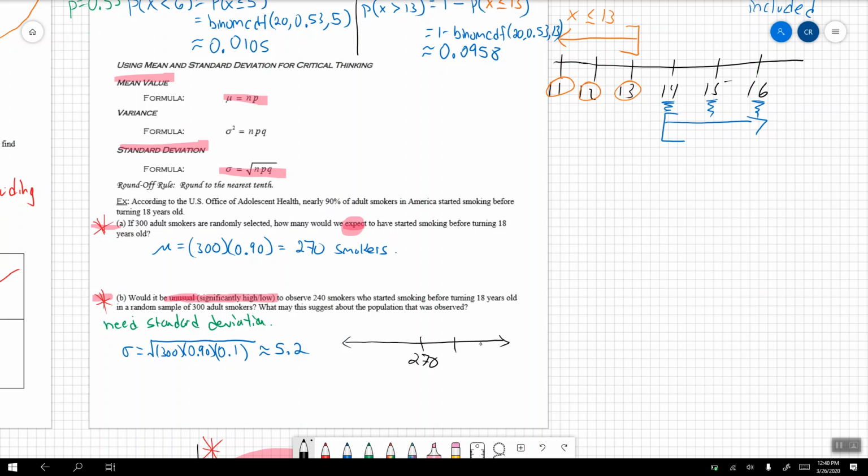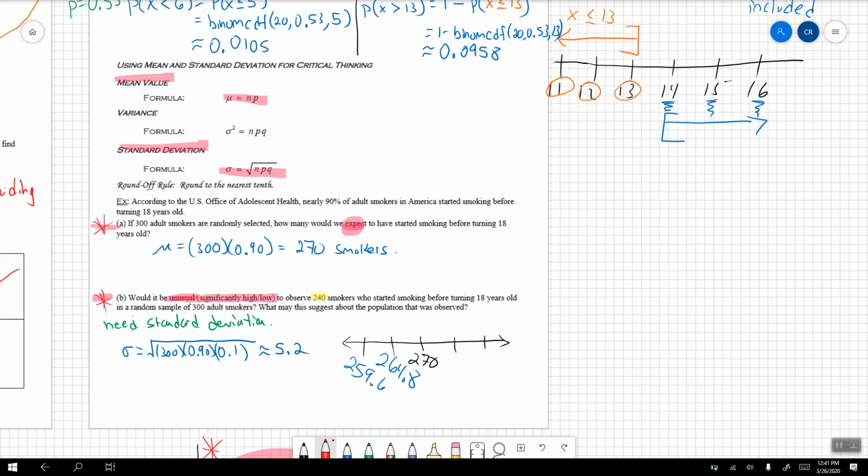So we have 270, and we're going to go 1 and 2 standard deviations in each direction. Since 240 is on the low side, let's fill these in really quickly. 270 minus 5.2 gives 264.8. Minus 5.2 again, and we get 259.6.